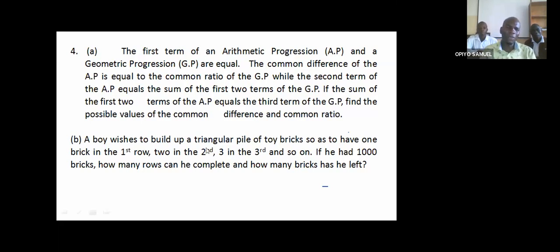So let's start with the first part. First of all, we have these 2 series, arithmetic progression and geometric progression. Before coming to the quantities provided, you should have some basics about these 2 series.